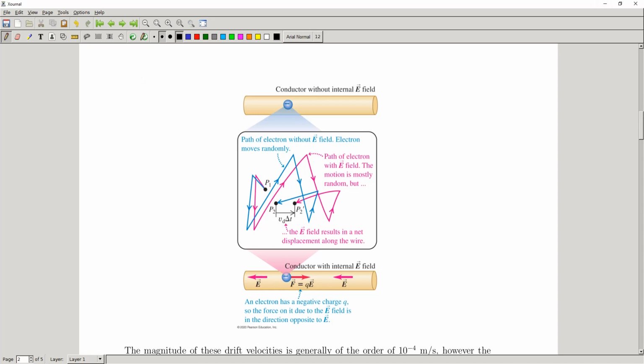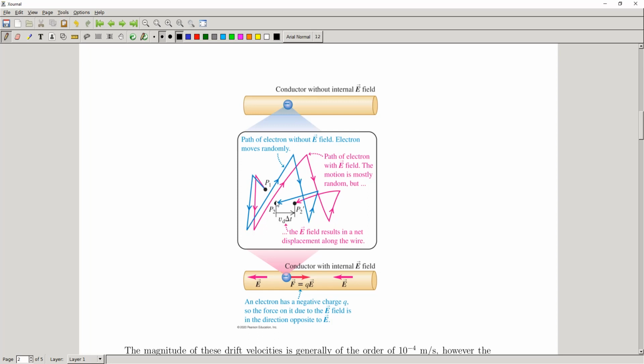So we can see what they have set up for us here. Imagine that P1 here is our free electron, or any free particle in our conducting material. It would have to be charged, right? For what we're talking about in this section, this would be a free particle, and normally it would whiz around following, let's say, the blue path.